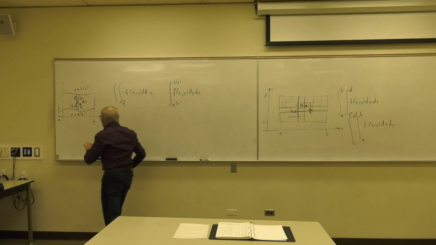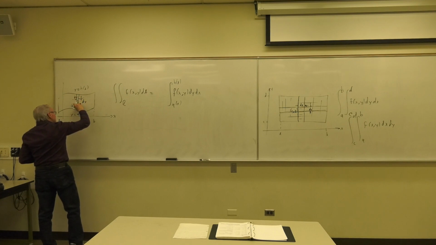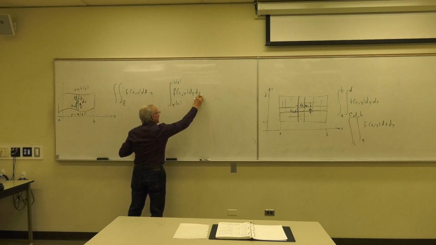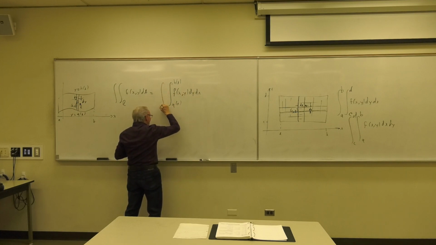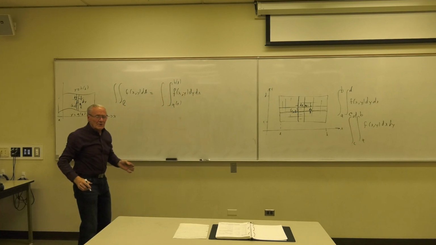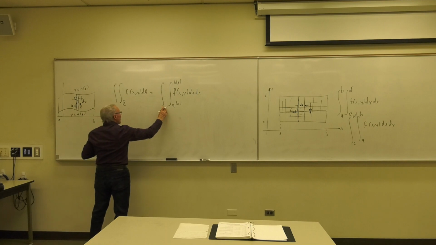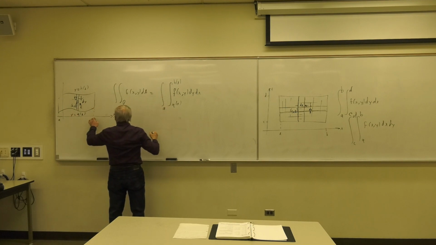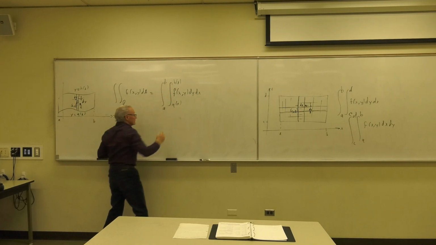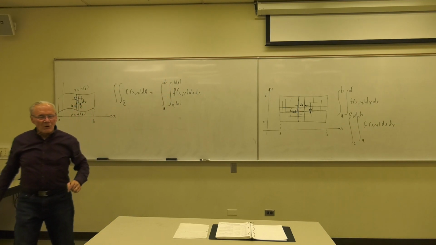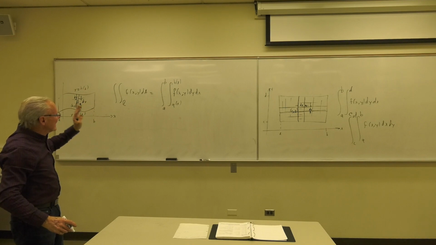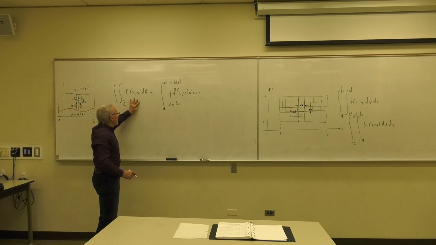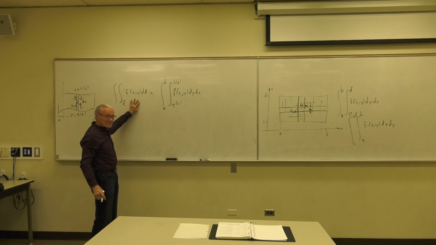So I've now integrated inside this vertical strip. I now add, by integrating with respect to x, over all of the vertical strips. I put here, where's the first one? It's at A. Where's the last one? It's at B. So if I do that double iterated integral, I will get the value of this double integral.